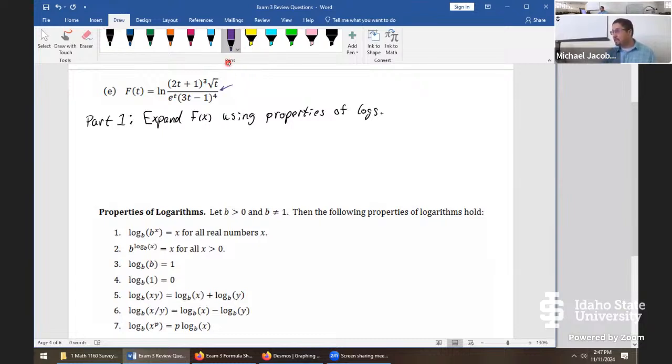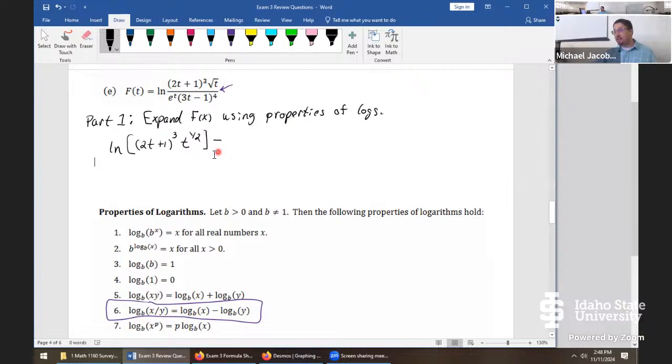Step 1 is from right here, we're going to use the quotient rule. So it looks like this to start. Take the natural log of everything in the numerator, 2t plus 1 cubed, times square root t. Instead of writing square root t, let's write it as t to the power 1/2. And then in the quotient rule, we go minus.